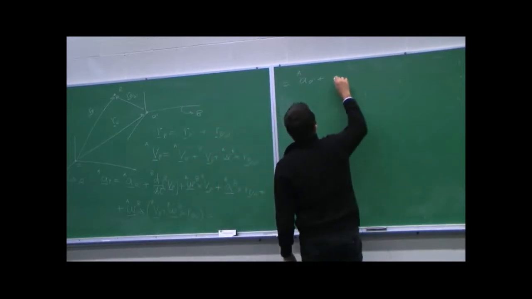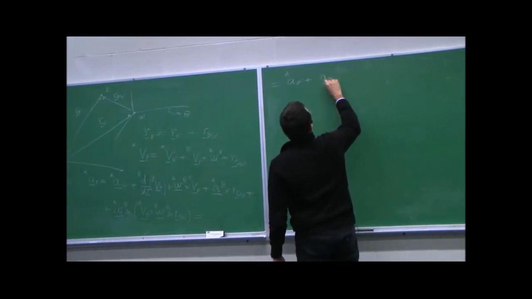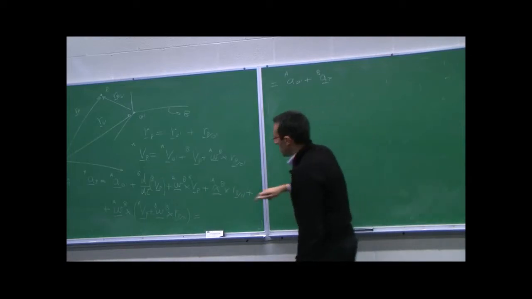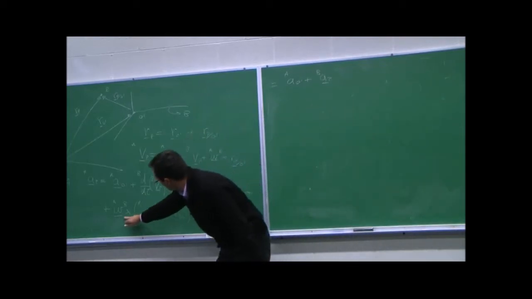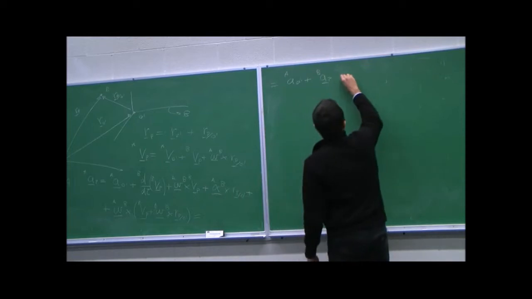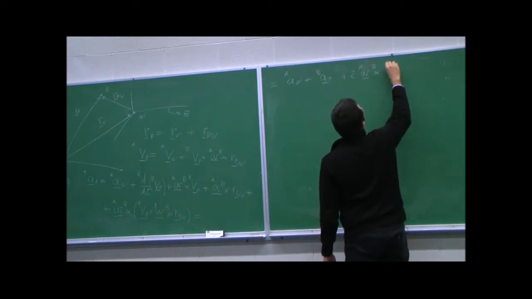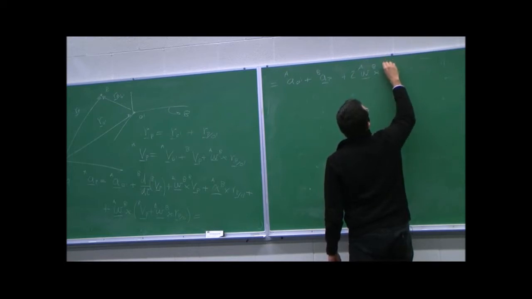That's the acceleration of P seen by B, right? This is what you see if you're attached to that reference frame. Plus, I see this cross product twice. So 2 omega B with respect to A cross with velocity of P seen by B.